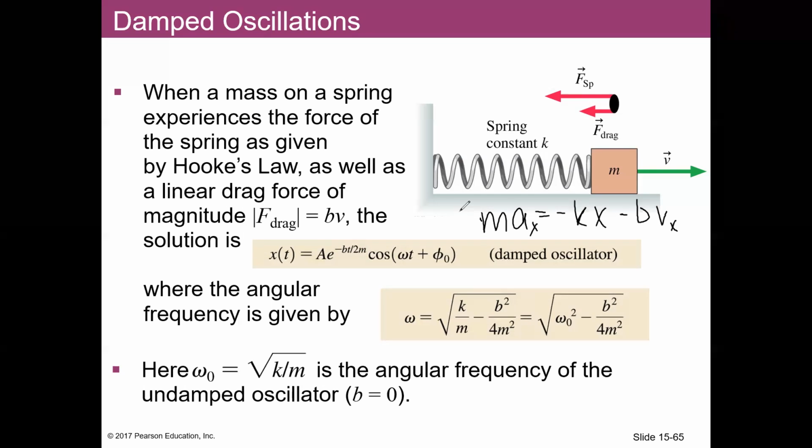Newton's second law gives me an equation relating position, velocity, and acceleration, and there's certainly not anything like that we've seen before. Rewriting it, expressing acceleration and velocity as their respective derivatives of position, we get m times d squared x dt squared, and solving it all onto one side, plus b times dx dt plus kx equals 0.